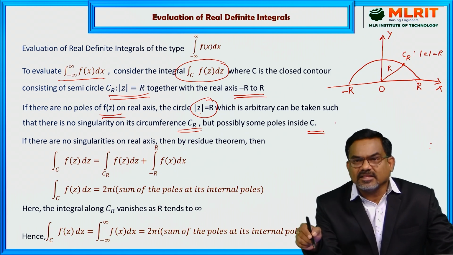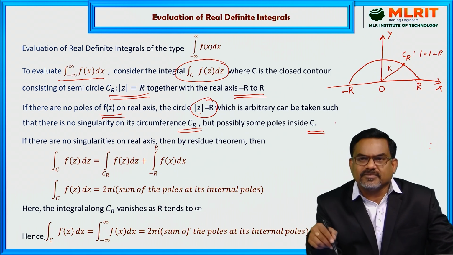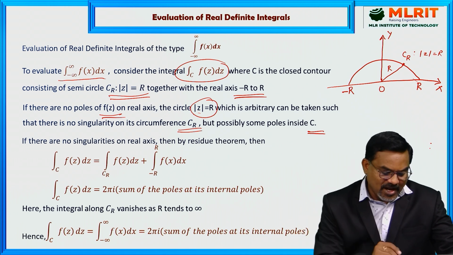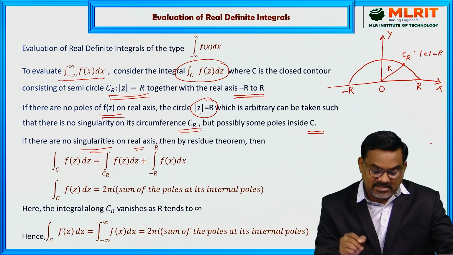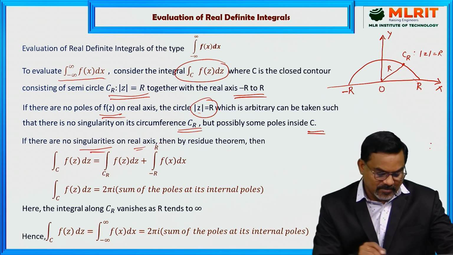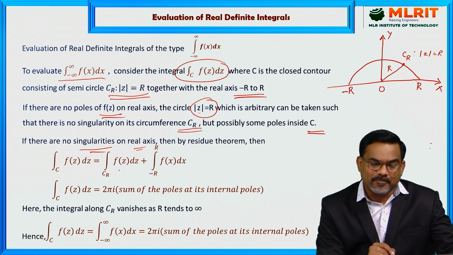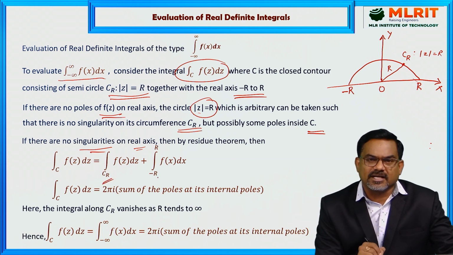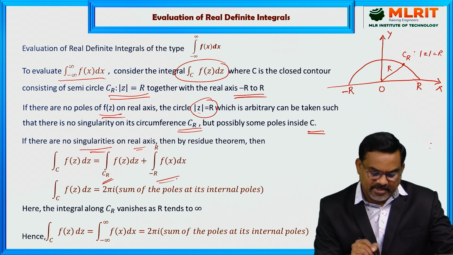On the curve, that means on the circumference, there are no poles, but there can be some poles inside the curve. If there are no singularities on the real axis, then by the residue theorem, the integral along C of f of z dz is equal to the integral along CR of f of z dz plus the integral from minus infinity to plus infinity of f of x dx.